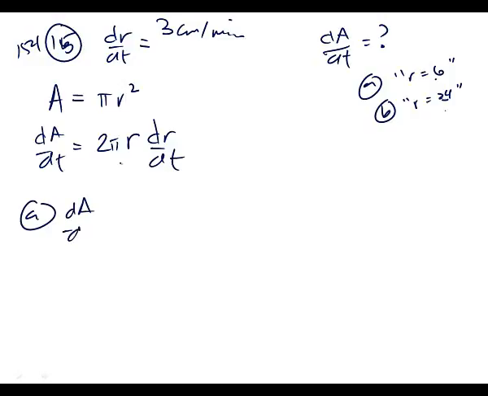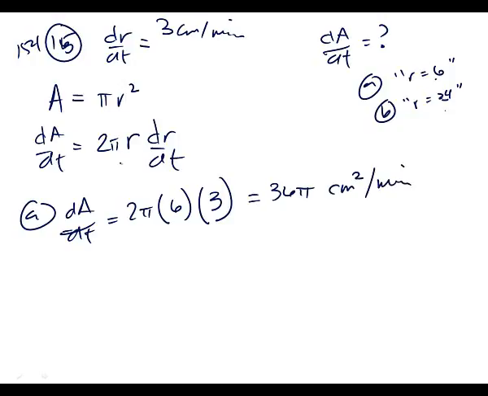So dA/dt equals 2 pi. What's the radius? 6. And the dr/dt? 3. So 18 times 2, 36 pi, and it's centimeters squared per minute. And then 2 pi times the radius, which is 24.